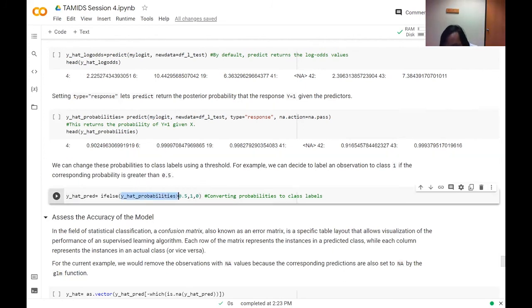If this condition is true, we put it in class 1. If this condition is false, we put it in class 0. So the if-else function has 3 inputs. The first input is the condition. The next input is the class label if the condition is true. The third input is the class label if the condition is false.